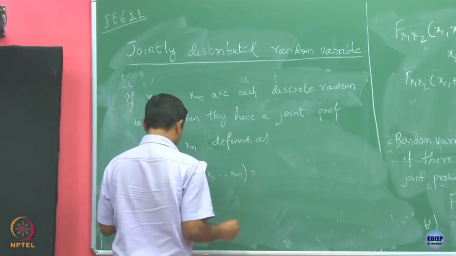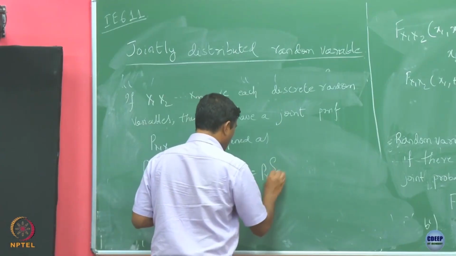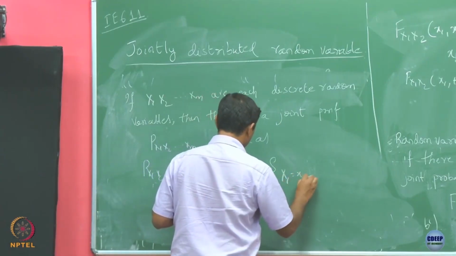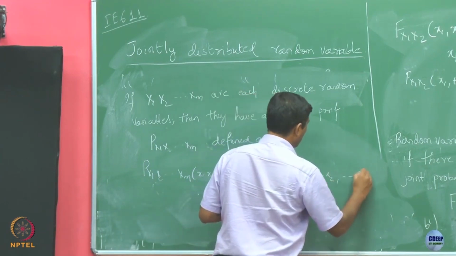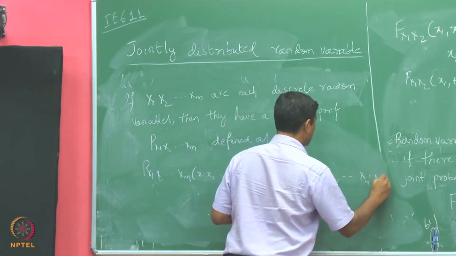This is nothing but the probability that x1 equals small x1, x2 equals small x2, up to xm equals small xm.